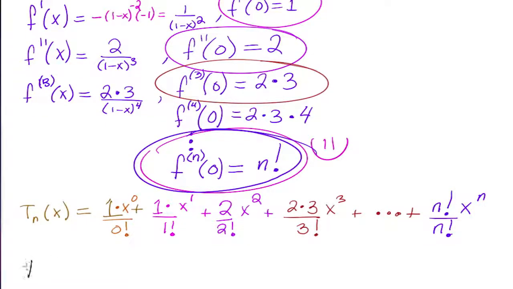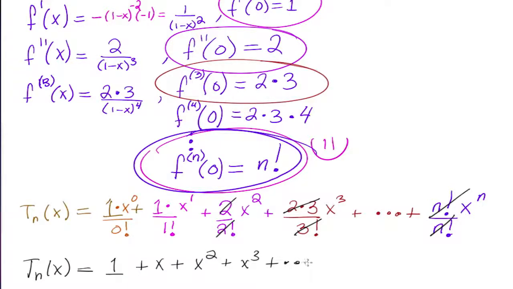Okay, so let's simplify this. Tn of x is equal to, this first one is just the number 1, plus the second one is just x. What's the third term? It's just x squared, because the 2's cancel. What about the fourth term? x cubed, because 2 times 3 is 3 factorial. So notice all the factorials cancel. So plus dot dot dot plus x to the n.